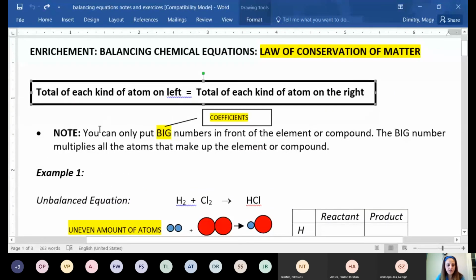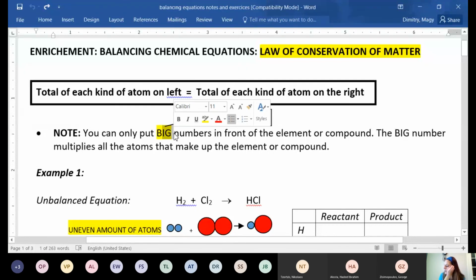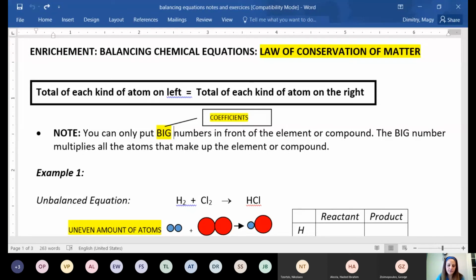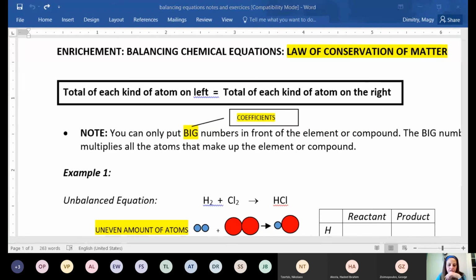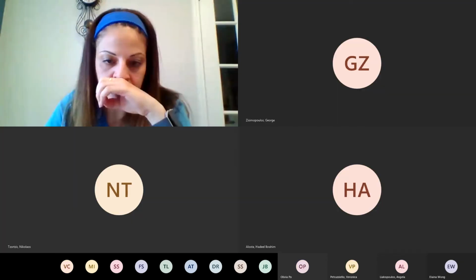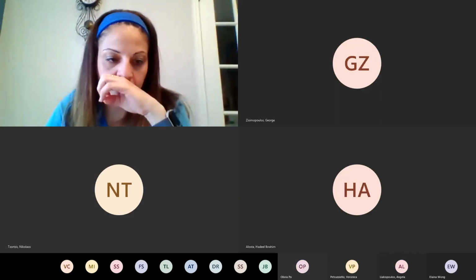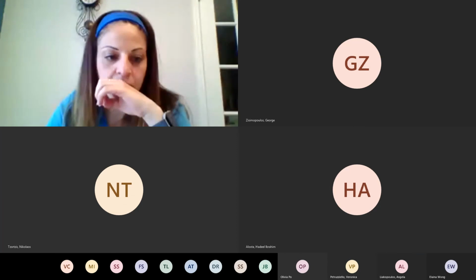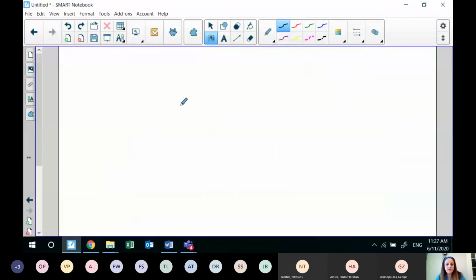So you can only put a big number in front of the element or compound. And the big number is actually called, the proper term is coefficients. The big number multiplies all the atoms that make up the element or the compound. Okay, so let's say I have H2O, like that.